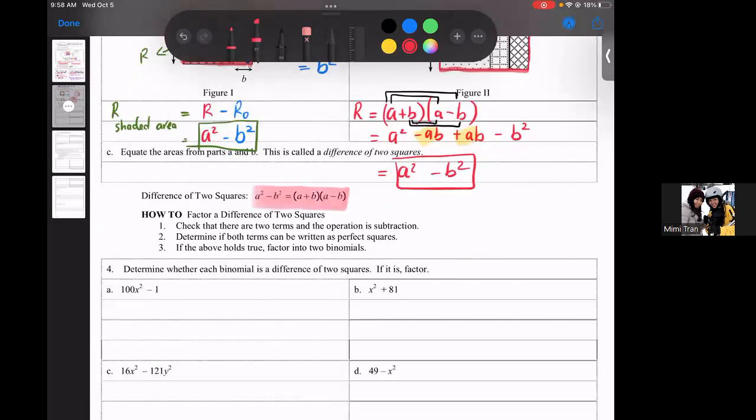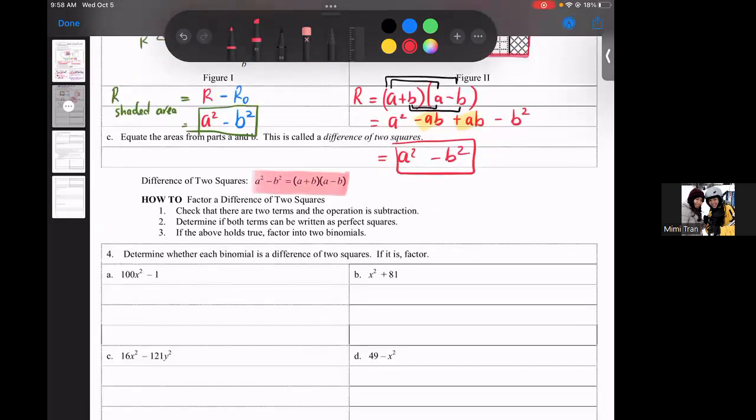Okay, let's do that. Again, remember the rule. Determine whether each binomial is a difference of 2 squares. If it is, factor. Step number 1, I want to check there are 2 terms and the operation is subtraction. Yes, 2 terms, 1, 2, and the operation is subtraction in between, so yes. Determine if both terms can be written as a perfect square.